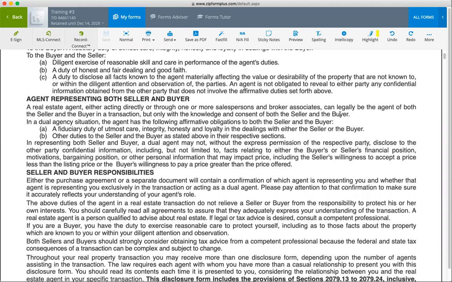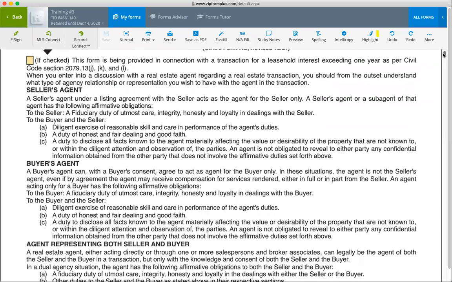And it spells out the duties in each case. When we're a specific seller's agent, we have the duty of diligent exercise, reasonable skill and care, a duty of honest and fair dealing, a duty to disclose all facts known to the agent materially affecting the value or desirability of the property. And the same thing, representing a buyer, same duties.